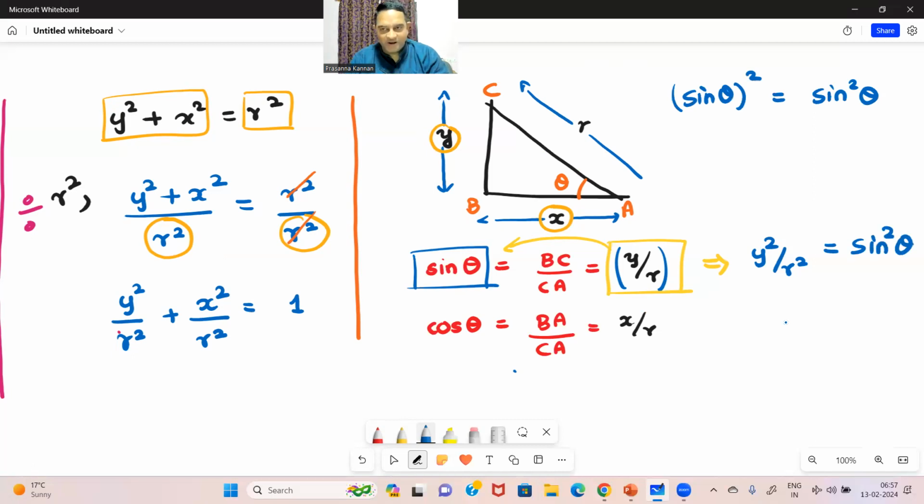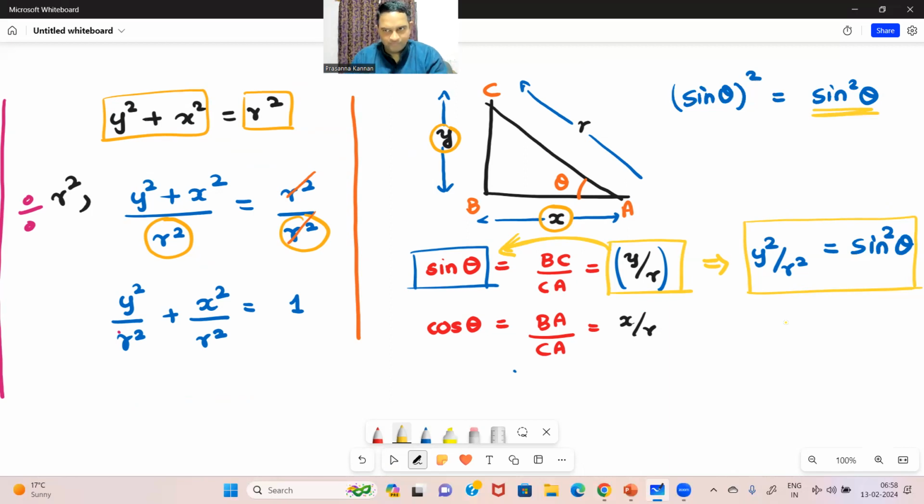So what is y square by r square? Sine square theta. Clear? What is y by r? Sine theta. What is y square by r square? Sine theta the whole square, or you can write it as sine square theta.